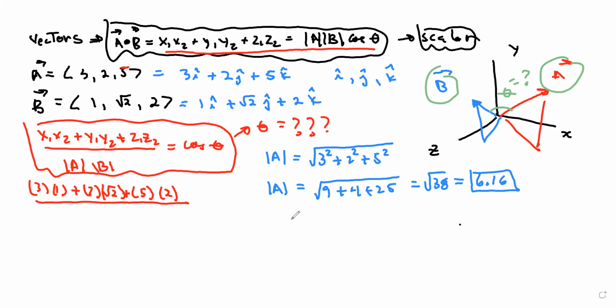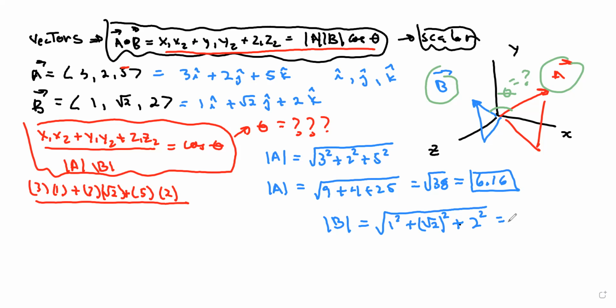And for B, I'll do it over here. For B, the magnitude is going to be 1 squared plus square root of 2 squared plus 2 squared, and then you get the square root of all that.